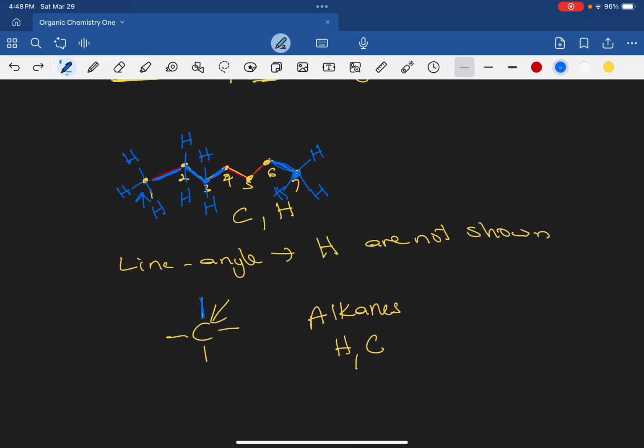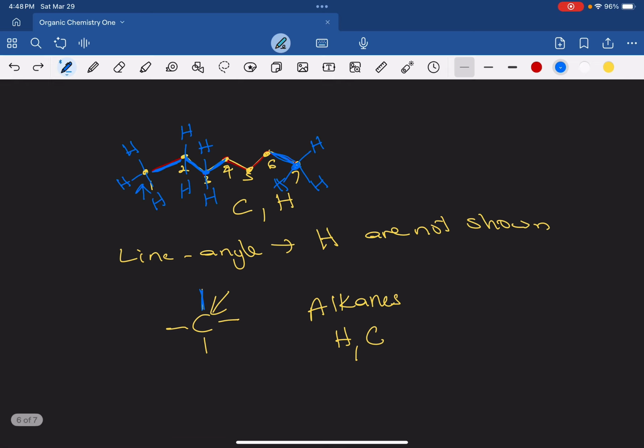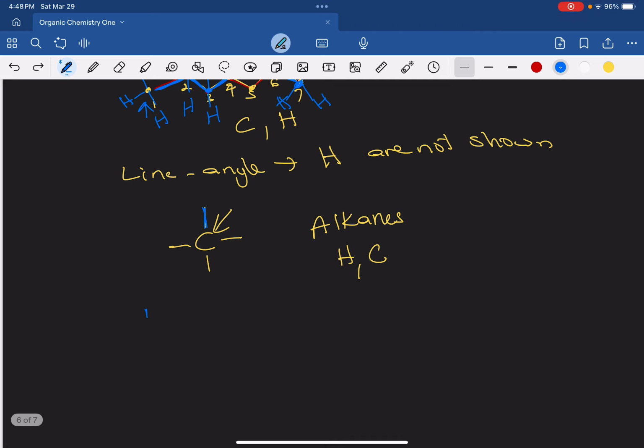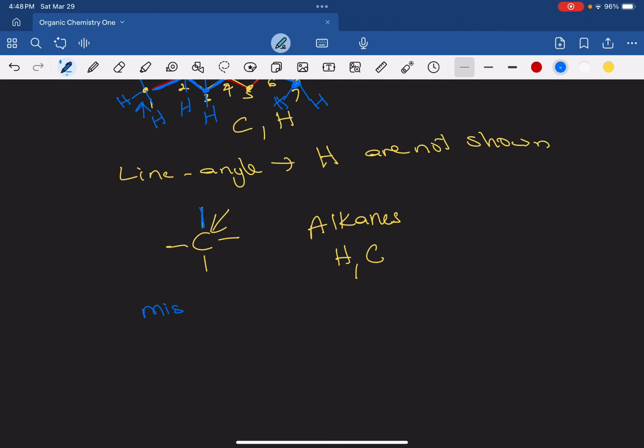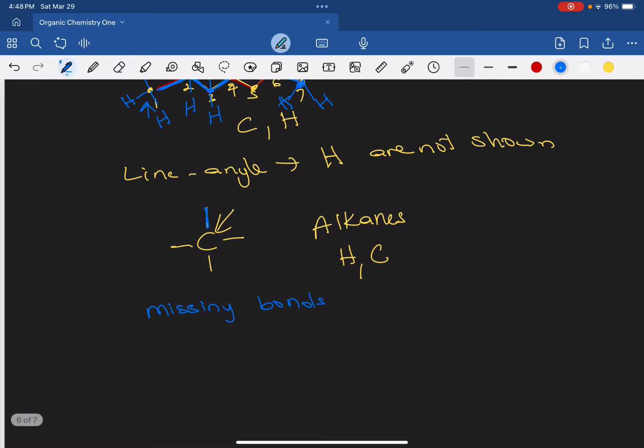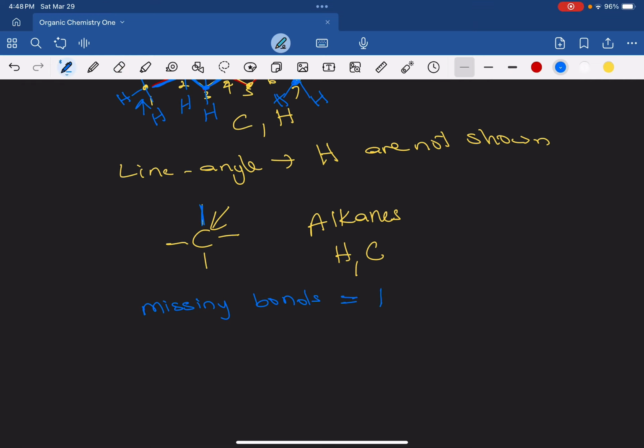If you only see 1, it means 3 are missing because you need a total of 4. So let's write that down: the missing bonds are equal to the number of hydrogens.